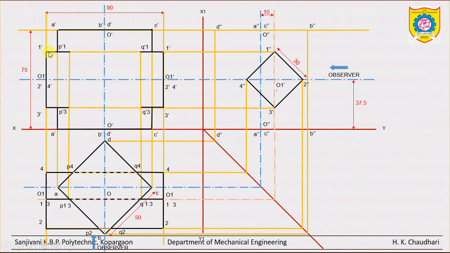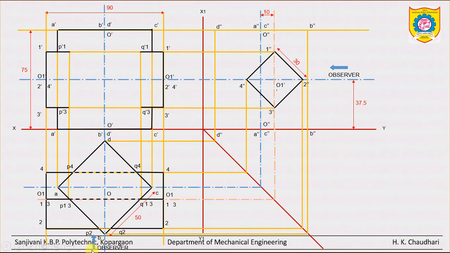See, from this edge, this vertex 1 dash to P dash 1, how can we draw this? How is it thick? See, in the top view, this line up to the point P1 is thick.